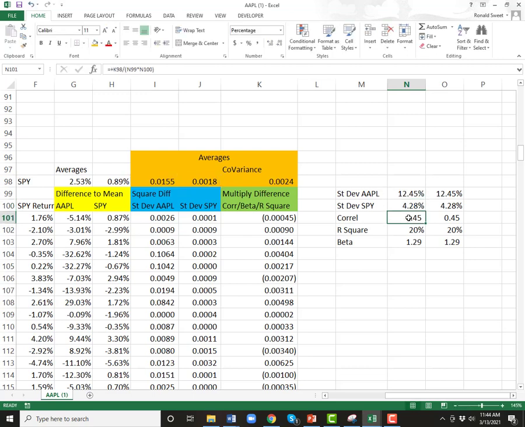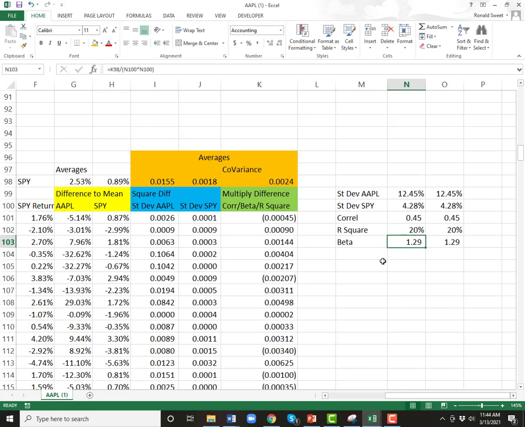Same thing for SPY. For the correlation, you take the average of those two differences multiplied by each other and divided by the standard deviation of Apple times the standard deviation of SPY, and that gives you correlation. R squared is just the correlation squared. And then beta is you take the covariance, but here you only use the standard deviation of the market, and we get a beta of 1.29.